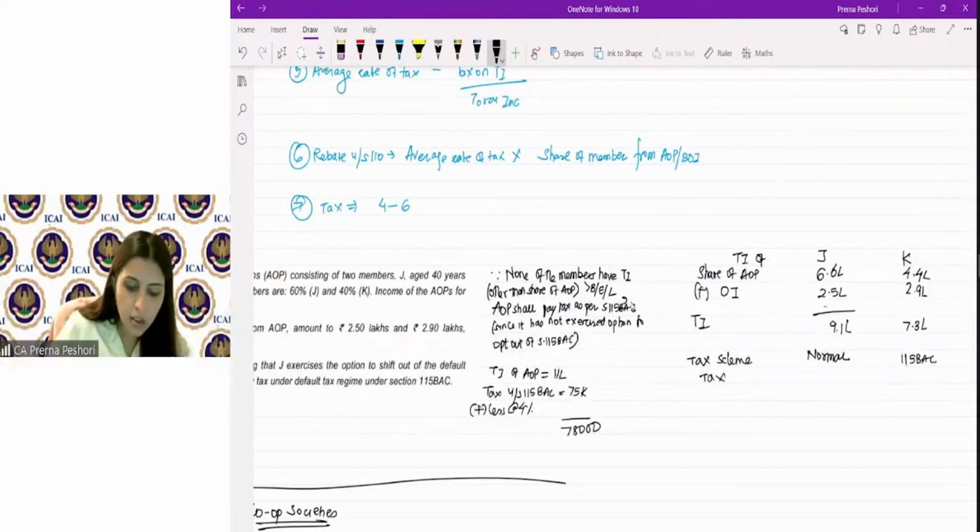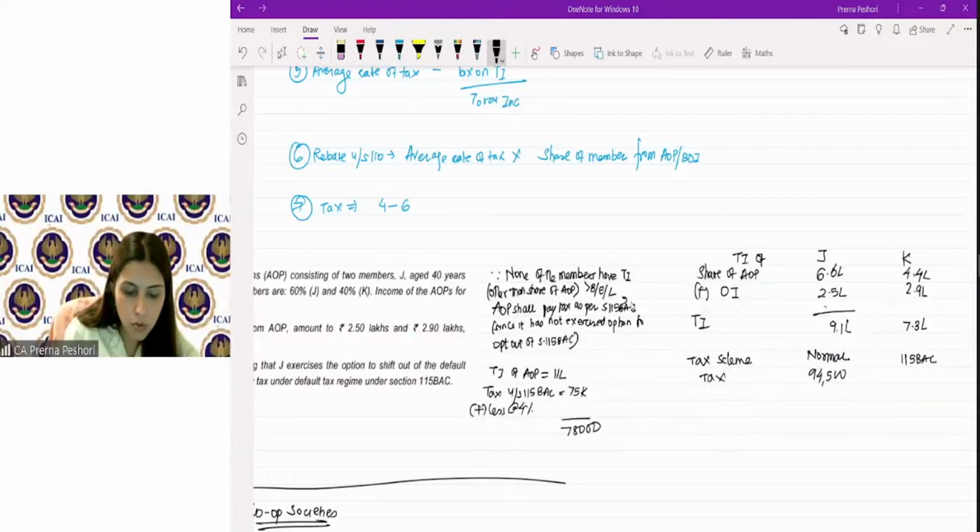So tax in normal regime, 9,10,000, is 94,500, right? And for K, it is 7,30,000.